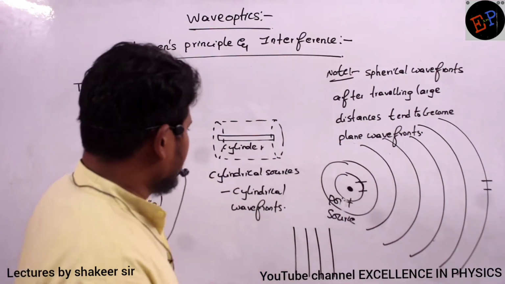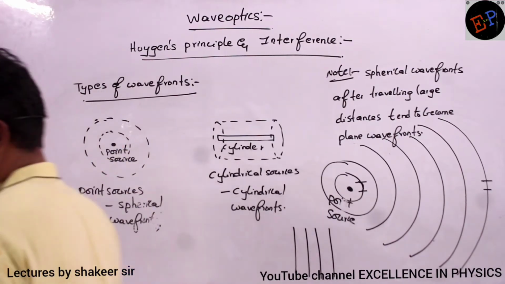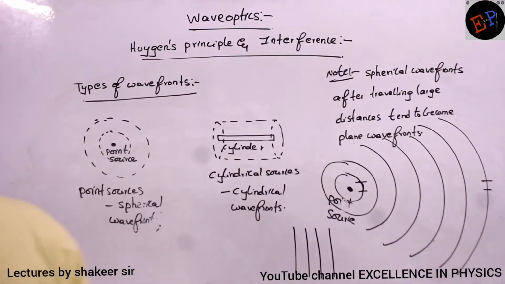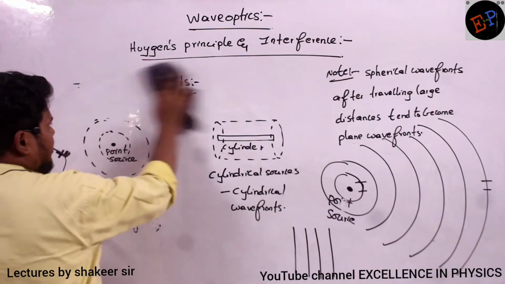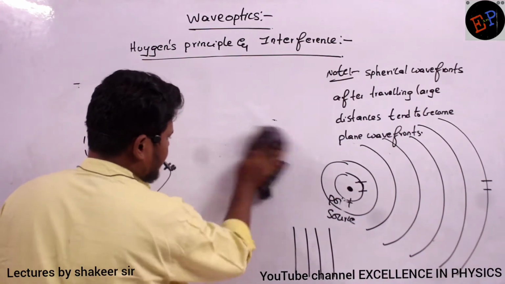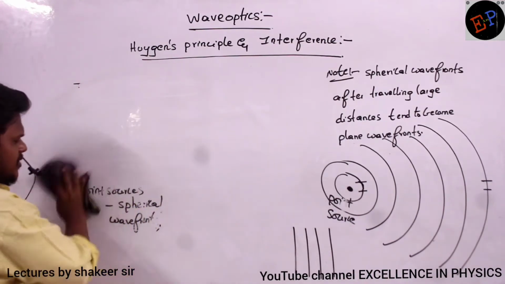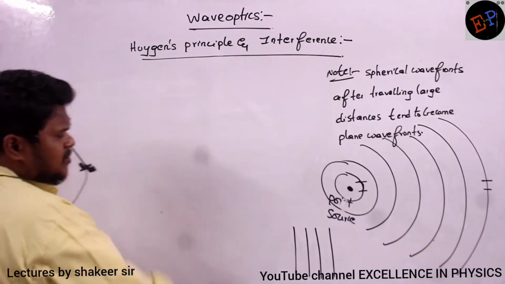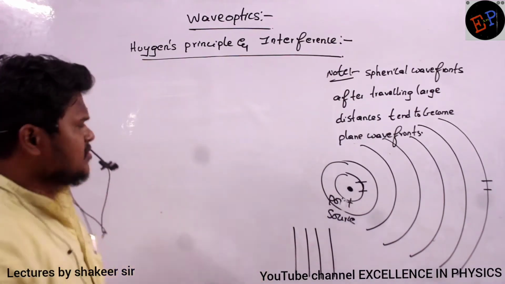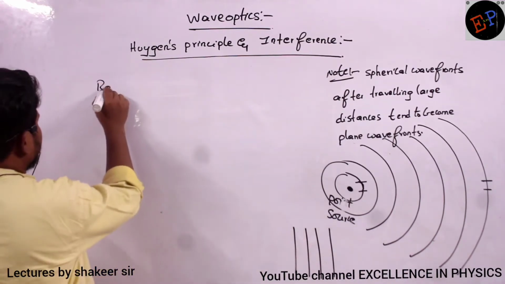And next we define a ray of light, by which we study ray optics. In ray optics, we have studied reflection, refraction, all this. That was possible because of the ray of light. So what is meant by a ray of light, we will study here.